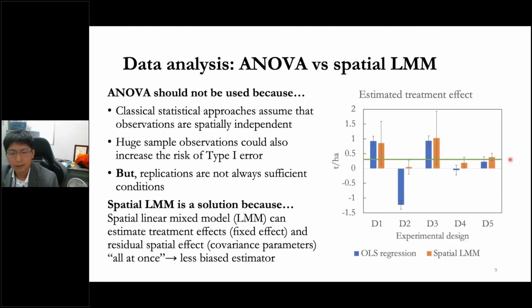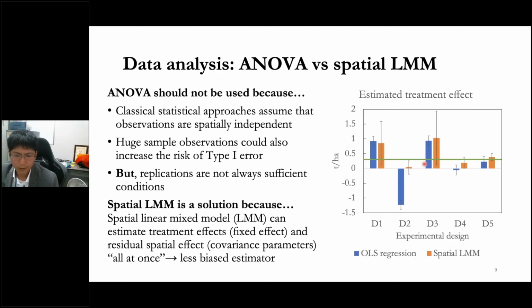As you can see, the classical ordinary least squares model, which is a synonym of the ANOVA or t-test, showed large estimate bias and narrow confidence intervals. On the other hand, the spatial linear mixed model showed mean values close to the actual treatment effects, while the 95% confidence intervals become large when the estimate had large biases.